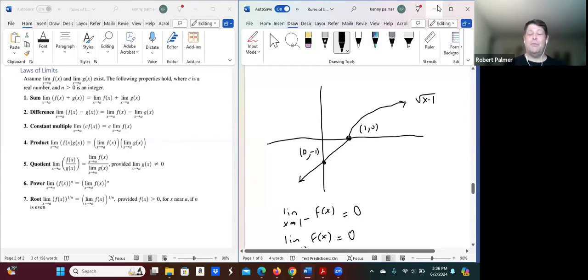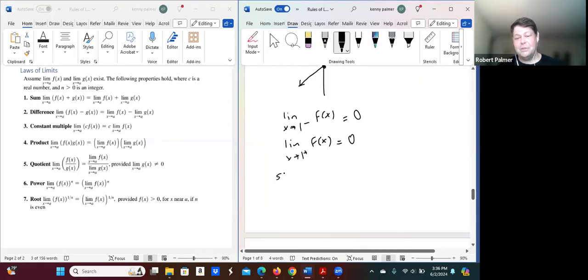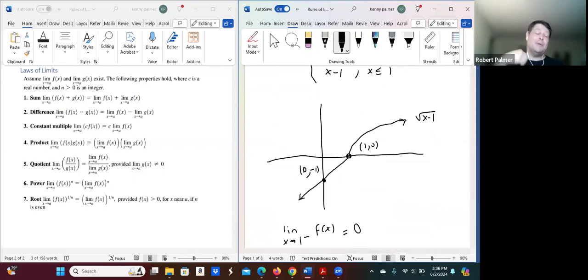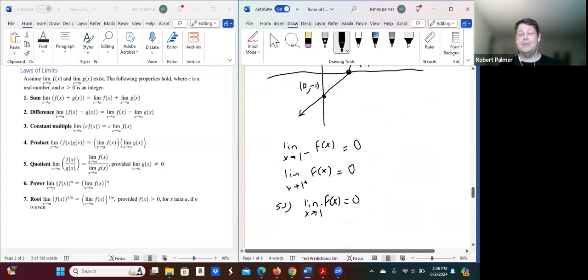So if the left and right side limits are the same, then the complete limit as x goes to 1 of f of x is equal to 0, since they're equal. Now, if I had some other function where it didn't meet up at this point, then these two probably wouldn't be the same, and this total limit wouldn't exist. In this case, it does.